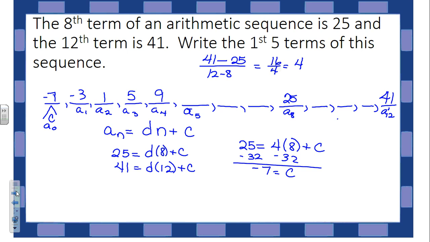And our fifth term. Now let's see if it's right. What would our sixth term be? And our seventh term? Eighth term? 25, right? And 25 plus 4 is plus 4, plus 4, plus 4. Okay?